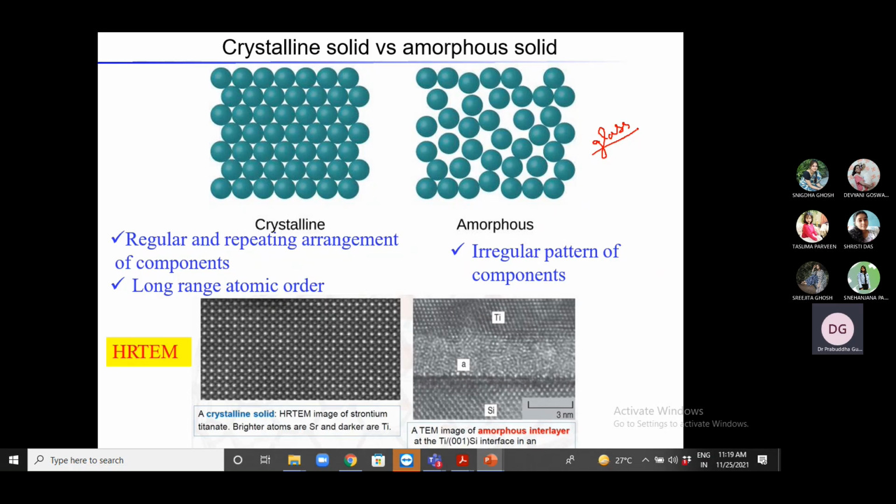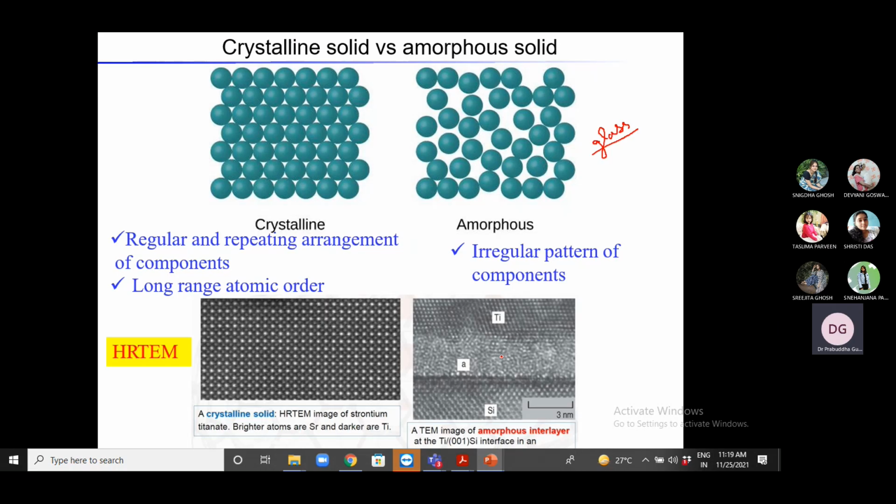So all the silicon oxide units will be arranged like this. So this is the silicon interface. You see that this is the amorphous interface of the silicon. So both sides it is crystalline. In between you see the arrangement of the units is not in order. They are disordered.